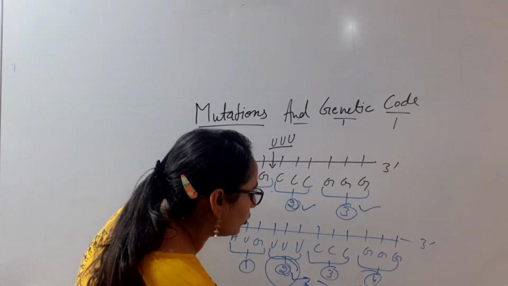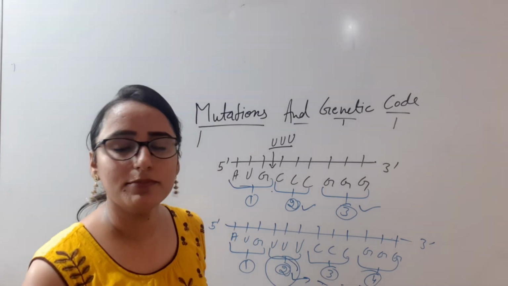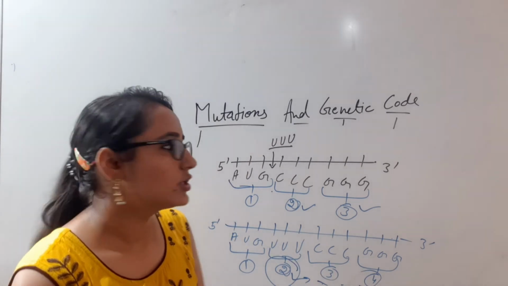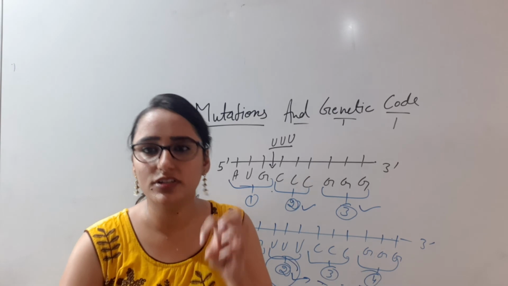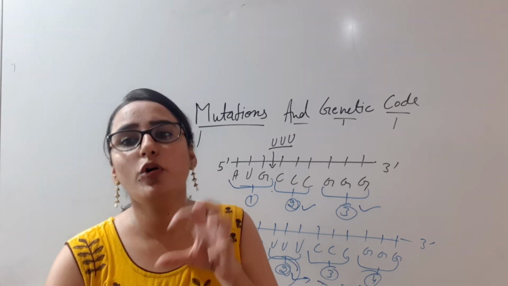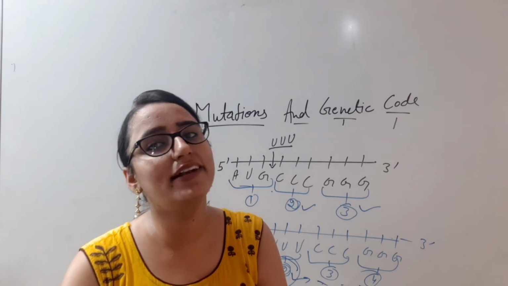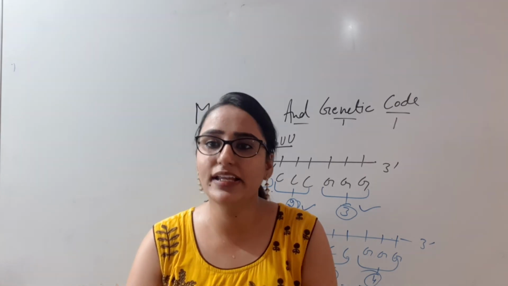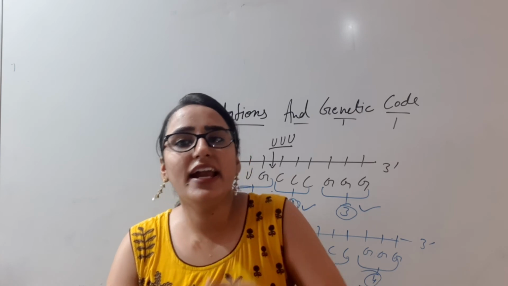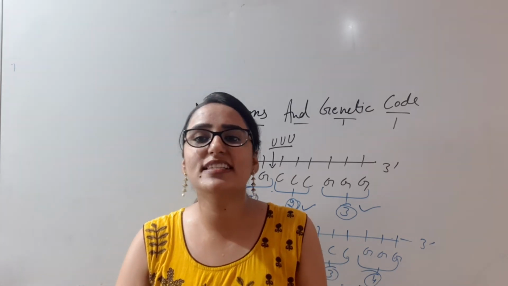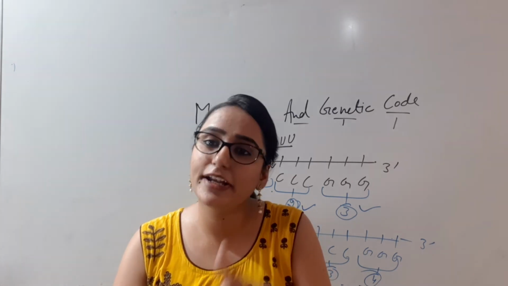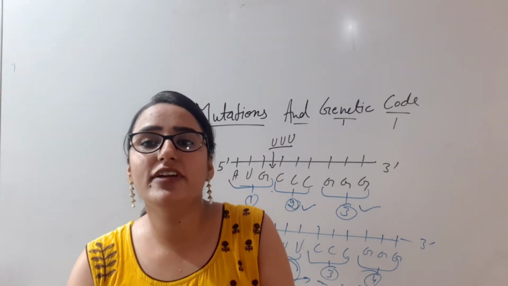After this second codon, the nucleotide sequence will be the same, so the amino acid sequence will be the same. So if three nucleotides or a multiple of three are added or deleted from a particular position of mRNA, this will not alter the reading frame of the mRNA. Instead, it will either add a particular amino acid in the protein sequence, or delete a particular amino acid from the amino acid sequence.